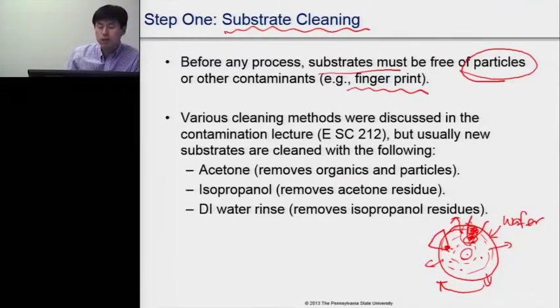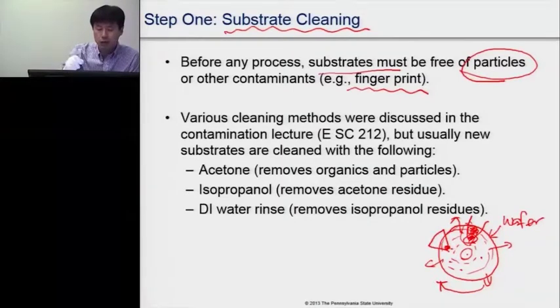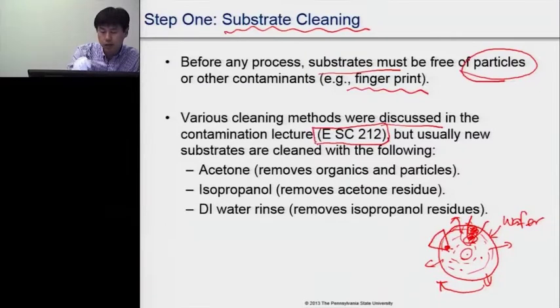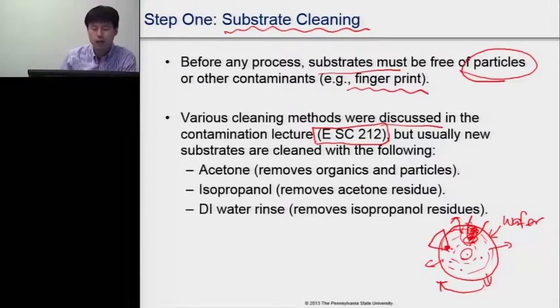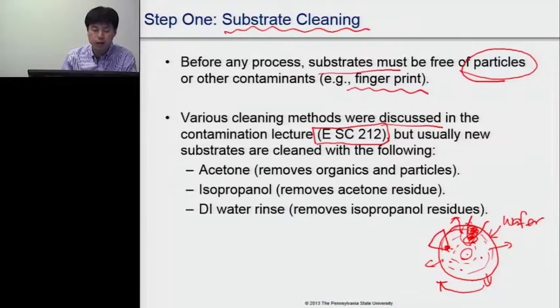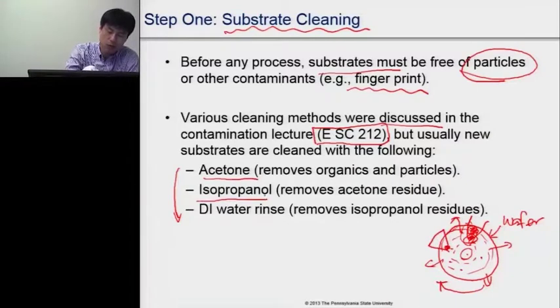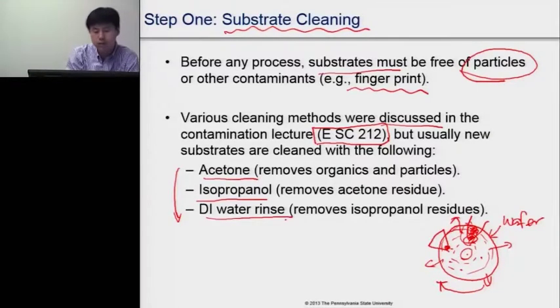Actually, we discussed more cleaning methods in the previous lectures. But when we use a substrate coming from a fresh new wafer box, we only use these 3 steps: acetone, IPA, and DI water rinse.